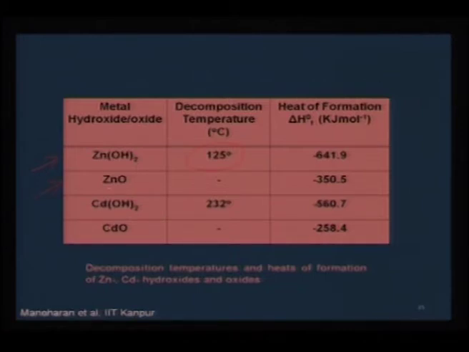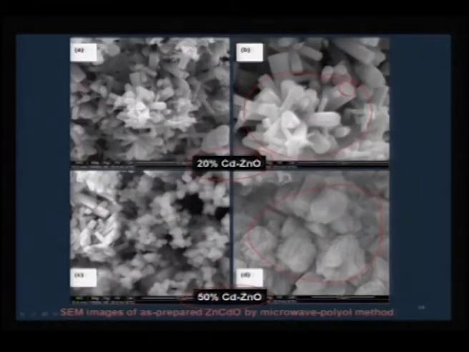Whereas when we dope cadmium into it, cadmium hydroxide is initially formed, and for cadmium hydroxide to get subsequently reduced to cadmium oxide, it is very reluctant because the temperature that is needed is 232. As a result, what you see in the previous view graph, this is nothing but cadmium hydroxide, and this is totally segregated out.